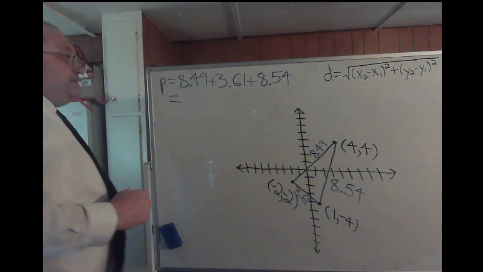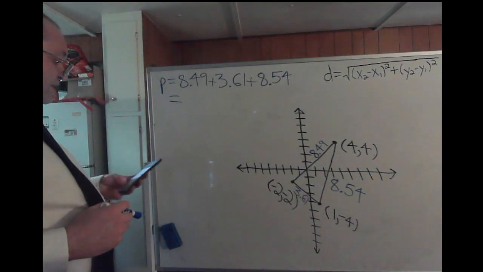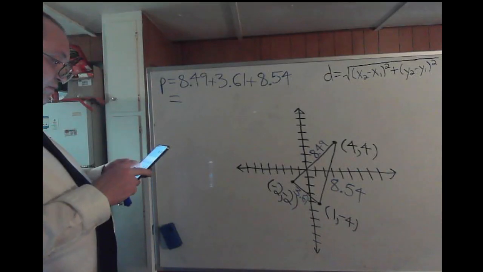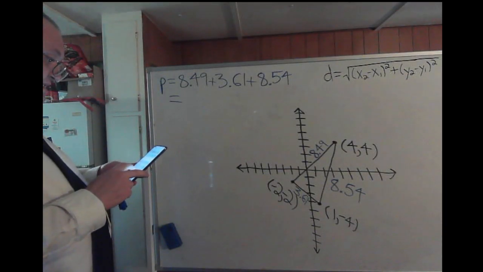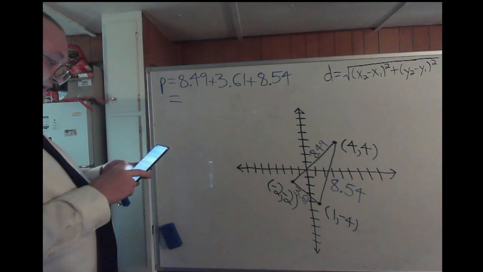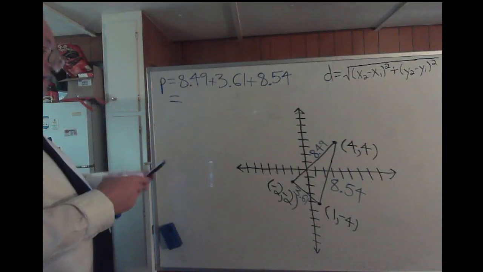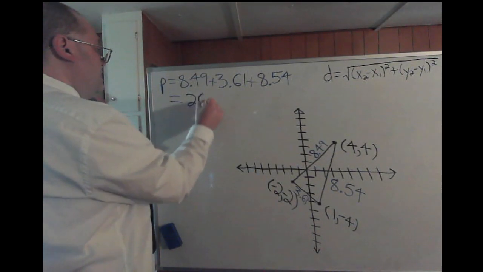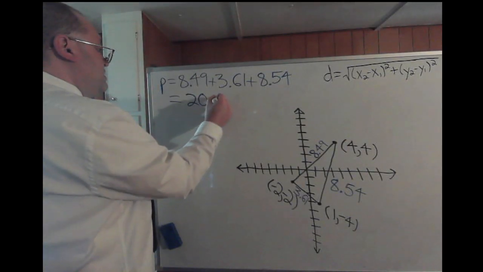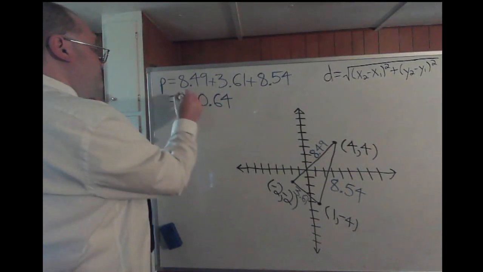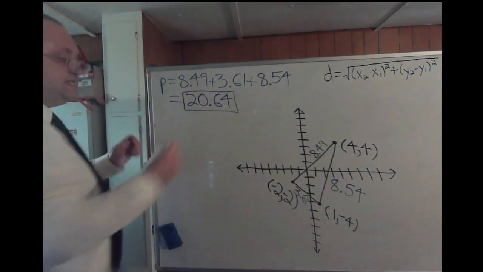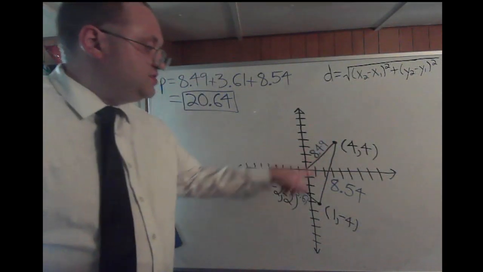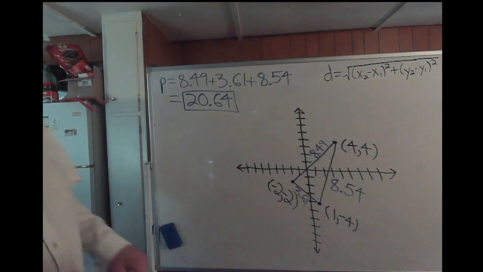Which, when I add all these up, we will have our perimeter. 8.49 plus 3.61 plus 8.54. That's about 20.64. So the perimeter of this triangle is 20.64 units. All the way around the perimeter, the distance around it is 20.64 units.